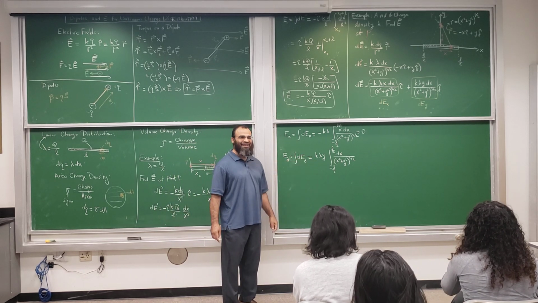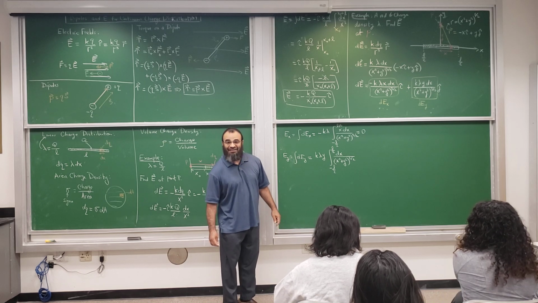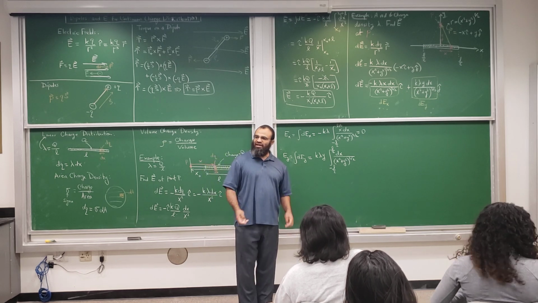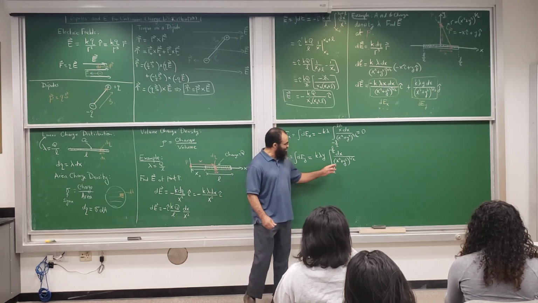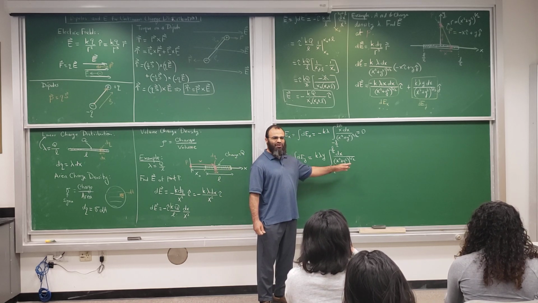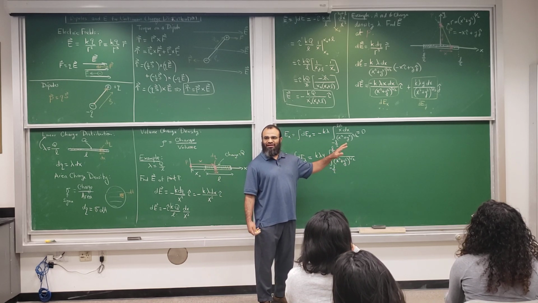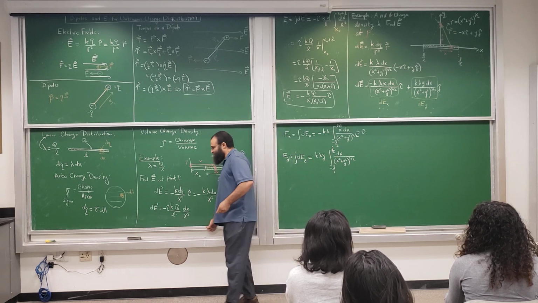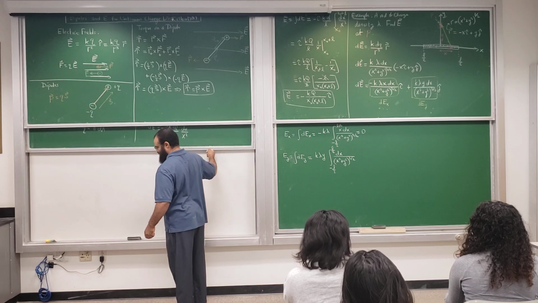What trig substitution should I use? Tangent. Yes, I like that. You should be inspired to use tangent because when you have something squared plus something squared, what's tangent squared plus 1? Secant squared. So let's do some work here.